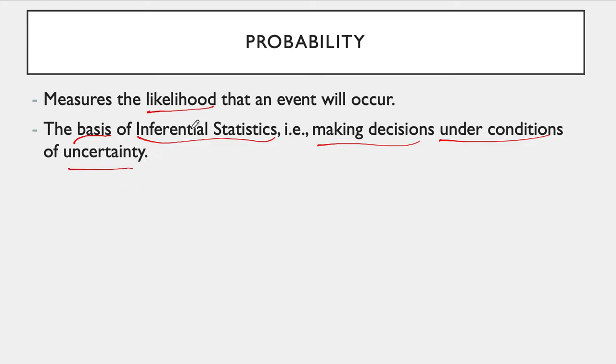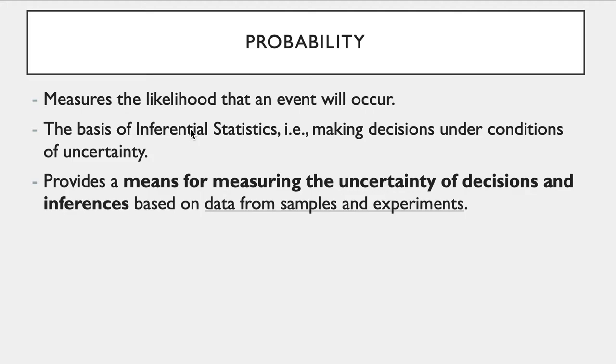It's like a bridge between the two branches of statistics, so we must go through probability before we can even reach inferential statistics. It provides a means for measuring uncertainty of decisions and inferences based on data that we have from the samples and experiments that we can do.